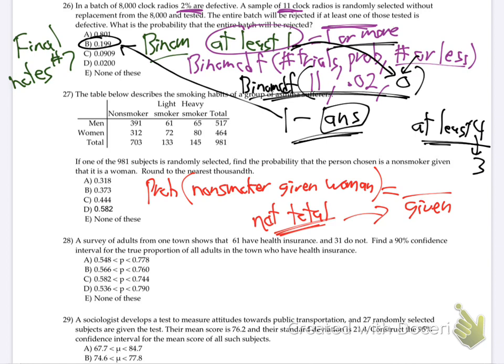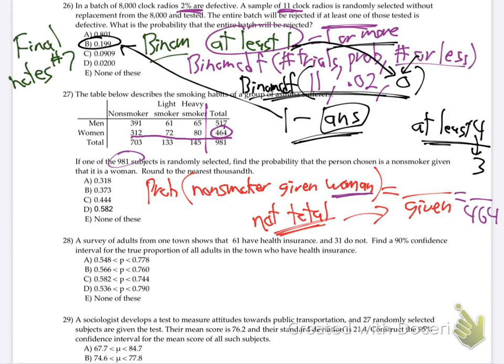All right, so what are the numbers on this one? We're given that it's a woman. How many women are here? 464. The totals are right there: 464 women total. So that's going to be the denominator, right?